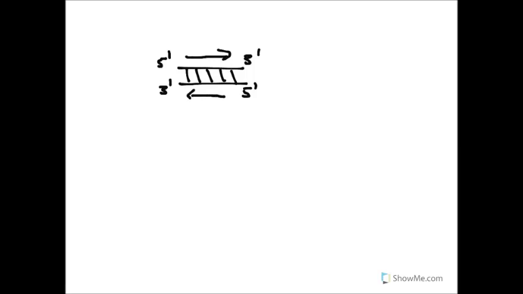And we have a very important name for this. It is called anti, because they go in opposite directions, but they also go side by side, so they're anti-parallel. The anti-parallel structure of DNA. Anti-parallel direction of DNA.